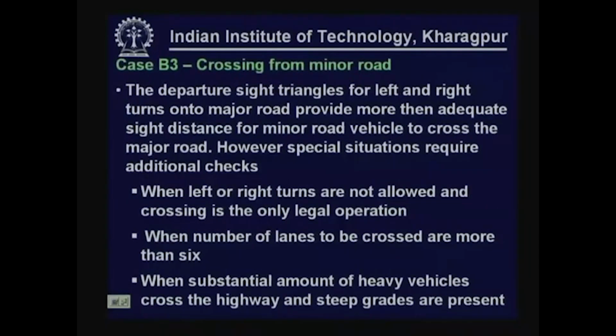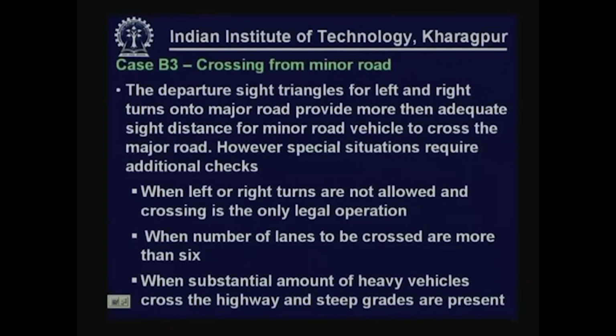Now, the case B3, crossing the major road from the minor road. Normally, the departure side triangles for left and right turns onto major road provide more than adequate side distance for minor road vehicle to cross the major road.